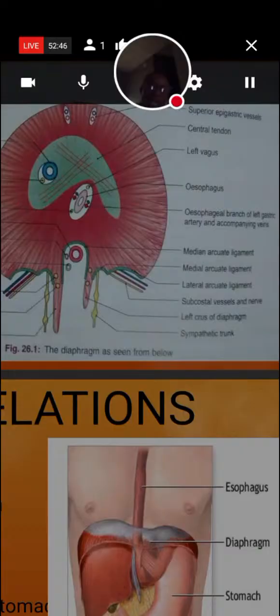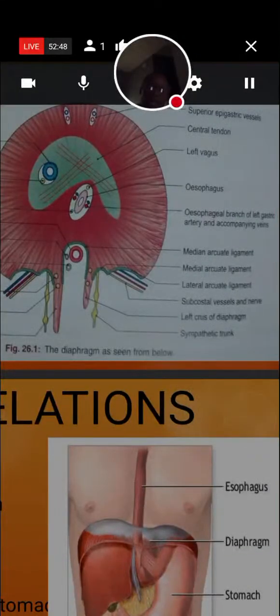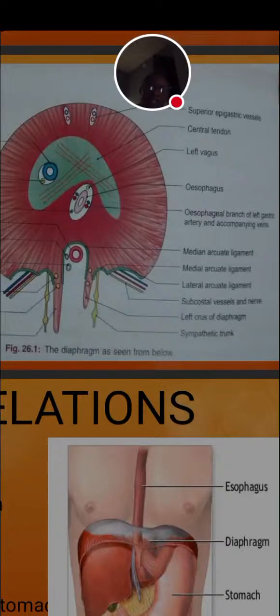See the median arcuate ligament that gives you the origin. So part of the diaphragm originates from the median arcuate ligament. Also originate from the lateral arcuate ligament. Some also originate from the median arcuate ligament.